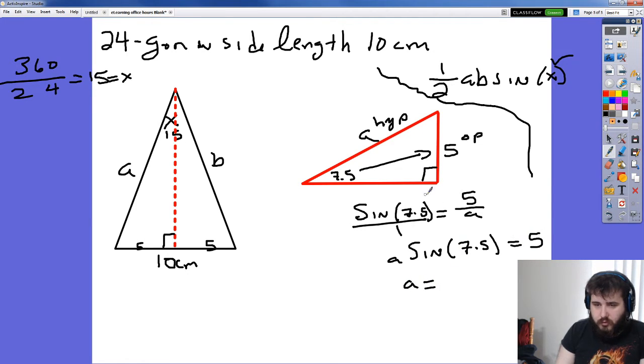So I've cross multiplied here, and I'm going to divide. This is your A and your B, right?